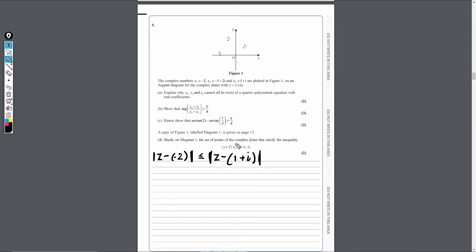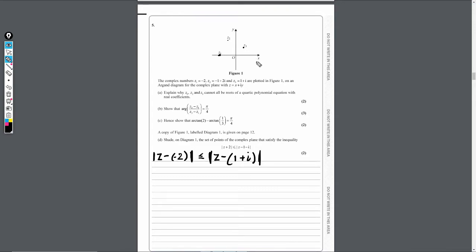So now, these are my 2 points that I'm dealing with. I've got minus 2, which is my z1, so we've got this point here, and I've also got 1 plus i, which is z3. So we're going to have these 2 points involved in this question.